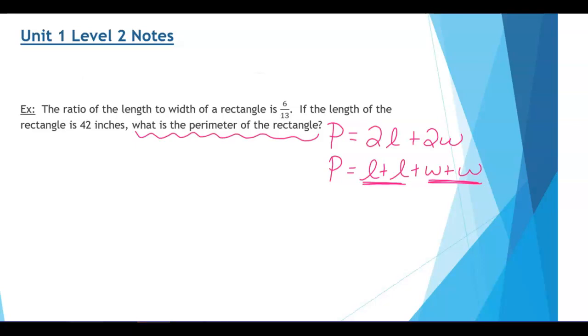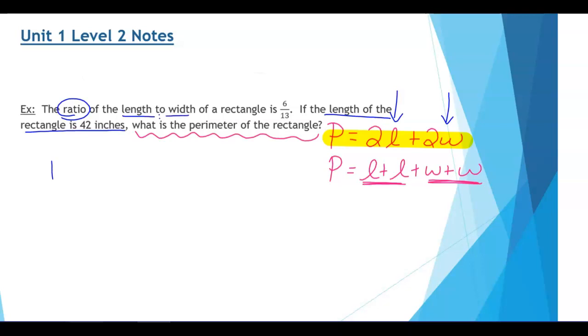So ultimately, in the end, we want to be able to plug in the length and the width so that we can figure out what our perimeter is. Well, we're given the length of the rectangle is 42 inches, we need to find the width. In the beginning, they said the ratio, and a ratio is a fraction, it's a comparison of two things, so the length to the width.